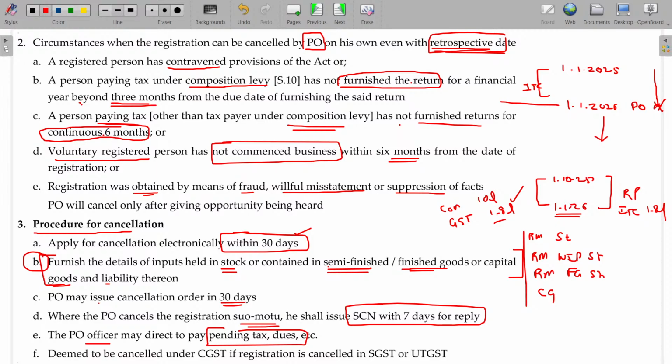Stating that you are the registered person, you claim the ITC of 1.8 lakhs on the input goods purchased for 10 lakhs. But on this date, 2.5 lakhs worth of goods remain unutilized or unsold. What does it mean? Hereafter, the 2.5 lakhs worth of stock you have, you are going to manufacture and sell with unregistered person status. If you are an unregistered person, after this you are not eligible for claiming the ITC.